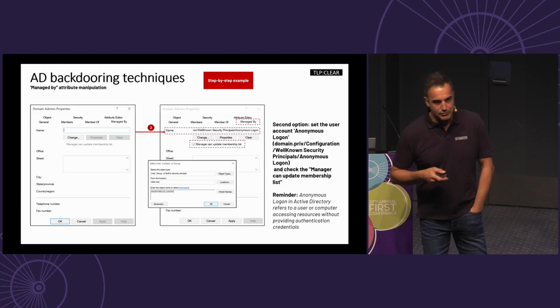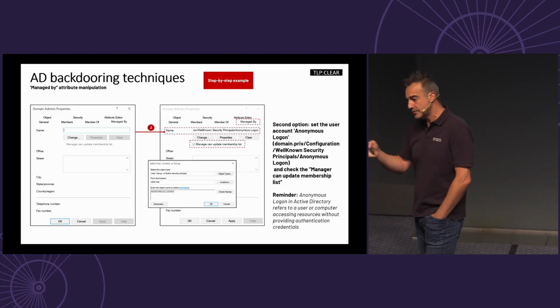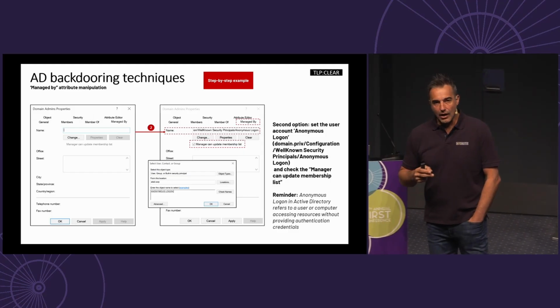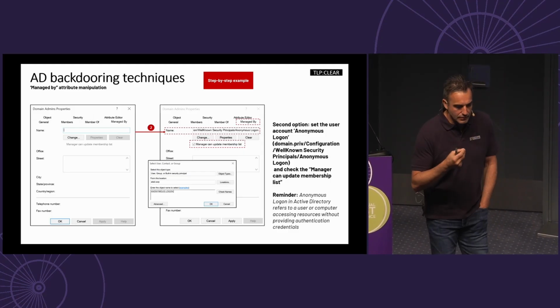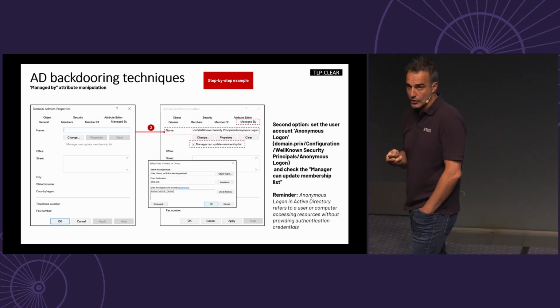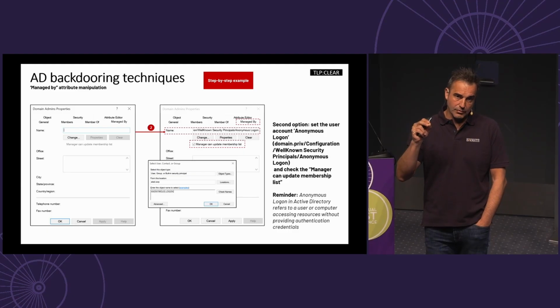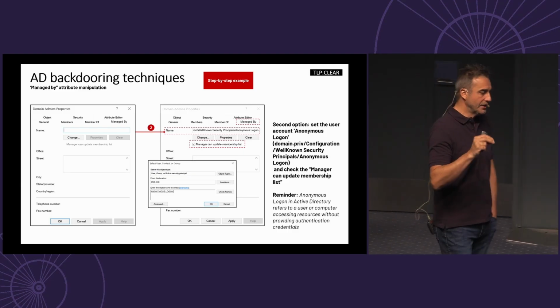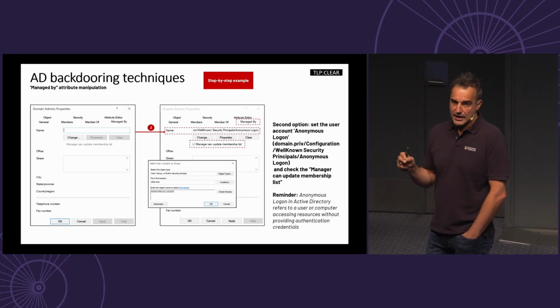The well-known security principals in AD are specific accounts or principals which are able to mimic something. And you have a very interesting one, which is, sorry, anonymous logon. As you can imagine, if you put this principal, anonymous logon, there, it means everybody, including people who did not authenticate, will be able to manage this group.